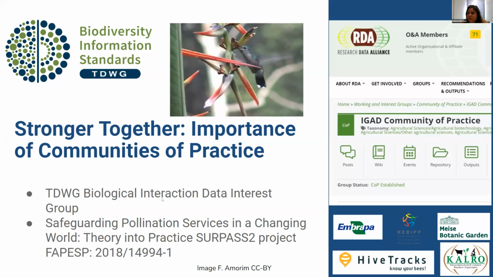And there is also this project, the Surpass2 project, which is a collaboration between many countries in South America with the UK. And so we gather many organizations that were interested in working on pollinator data.